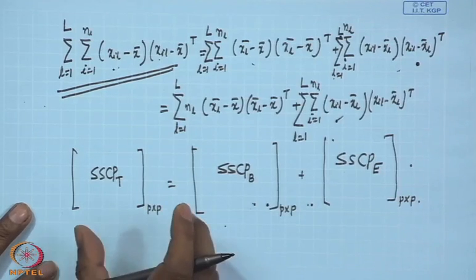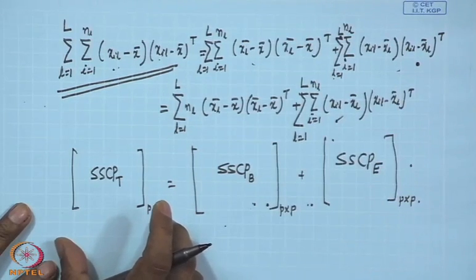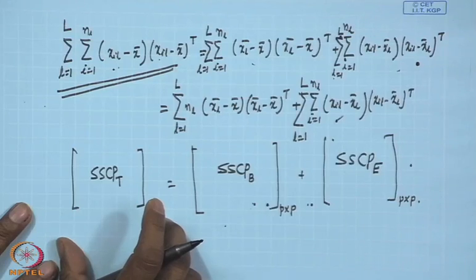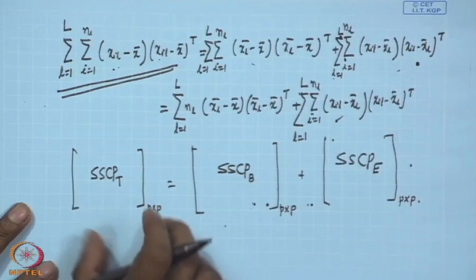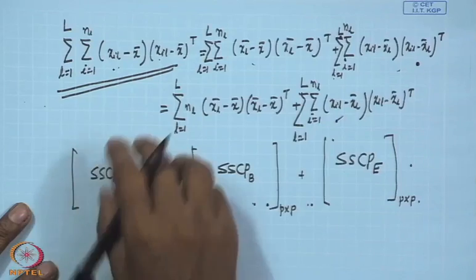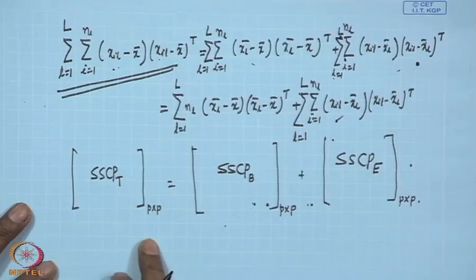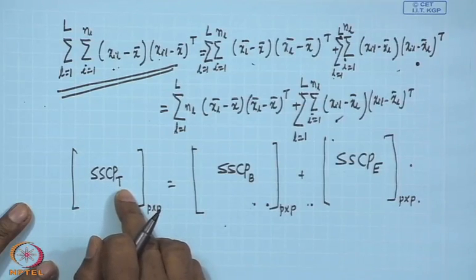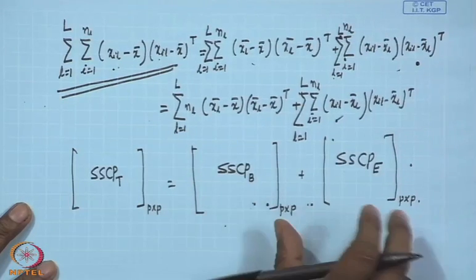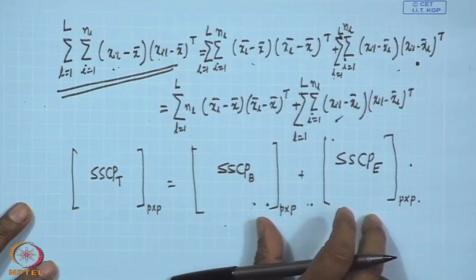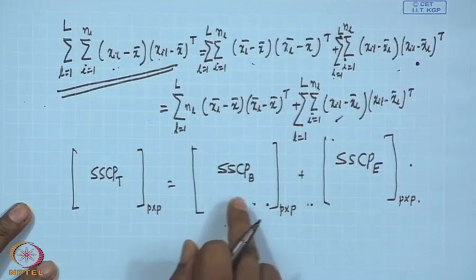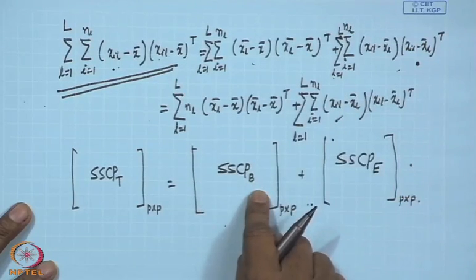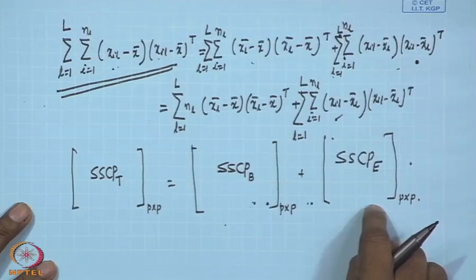So, the total covariance matrix, okay, it is not actually the covariance, that would be divided by the degrees of freedom. So, we can write that the total sum square cross product matrix is divided into two sources of variability, one is the population, the other one is the error.